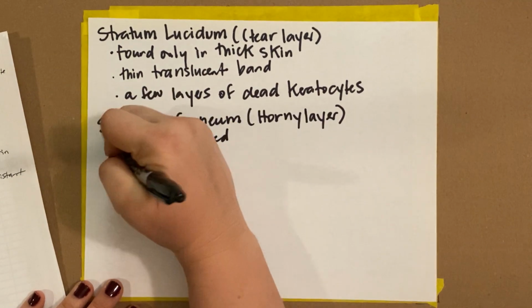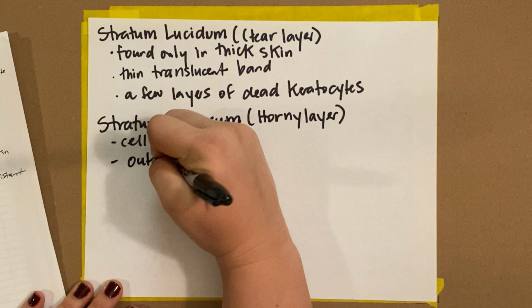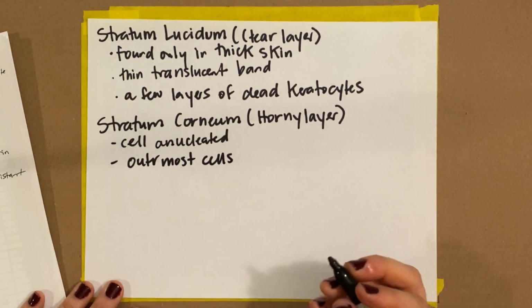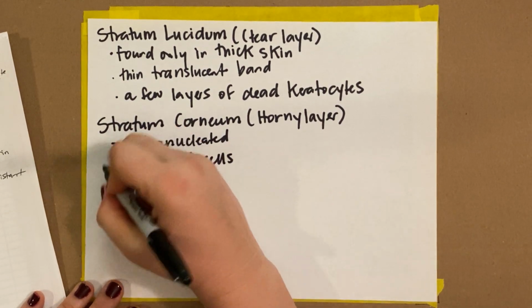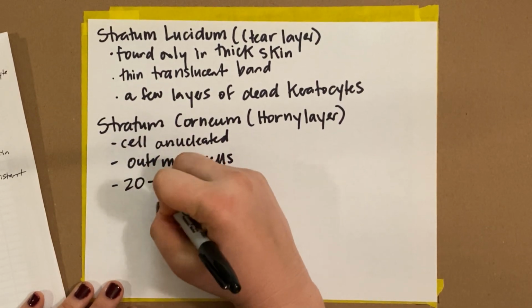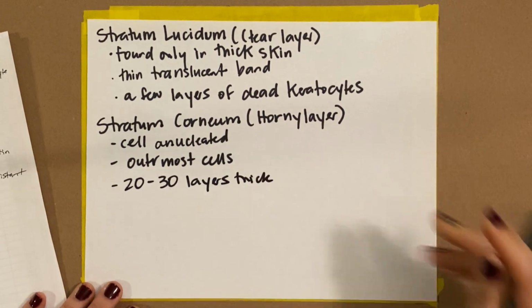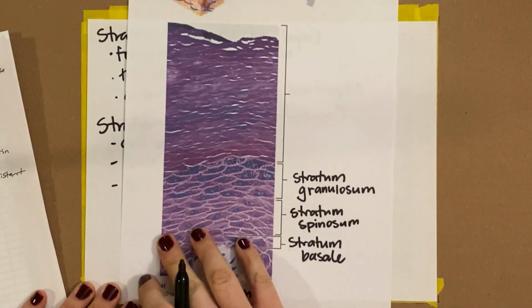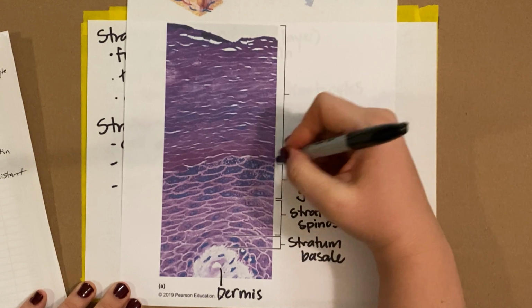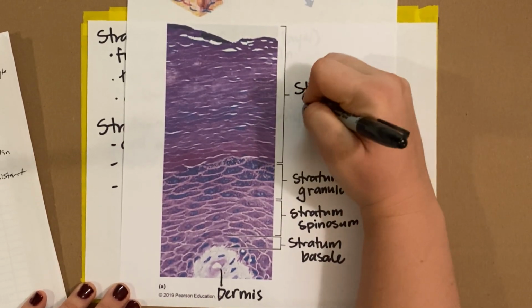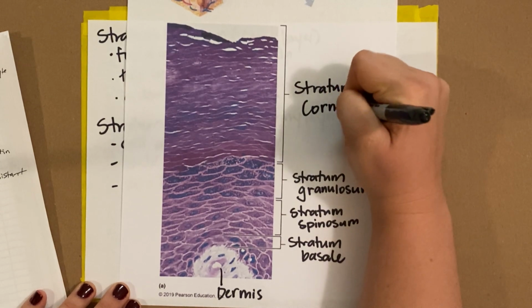They are the outermost cells. So these ones are going to be in contact with the external world. It's often going to be 20 to 30 layers thick. So if we go back to our image, this thick layer is going to be the stratum corneum.